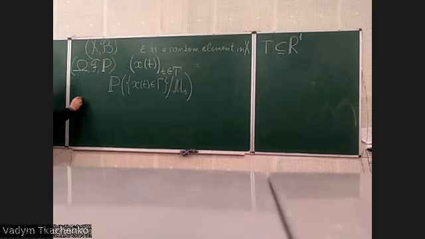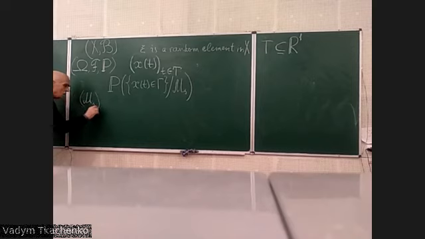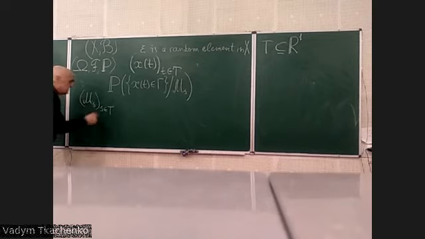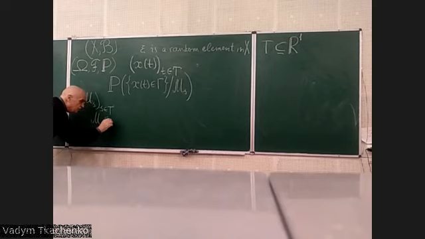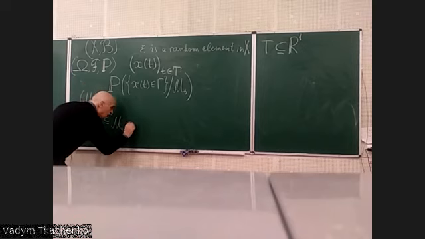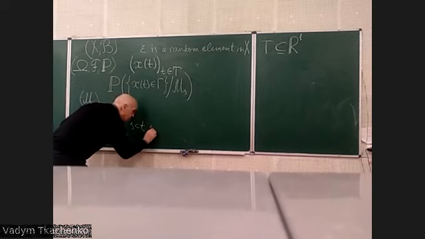Suppose that we have a family of sub-sigma algebras of sigma algebra F such that M_s is a part of M_t for all s less than t, where s and t must be from T.